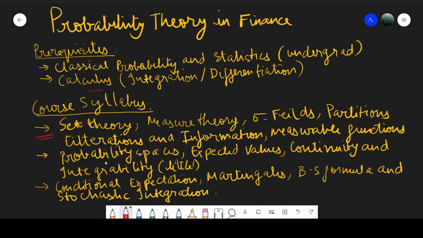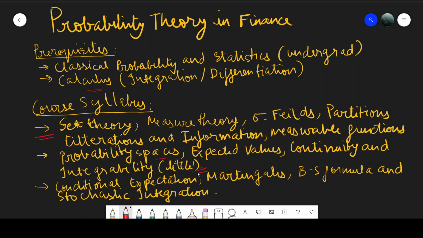After that, I'm going to go to probability spaces, expected values, continuity, and integrability. Now, depending upon where you're studying mathematical finance, you will study expected values, continuity, and integrability at very different levels. If you're studying this subject at an undergrad level, you probably won't delve very deep into continuity and integrability.